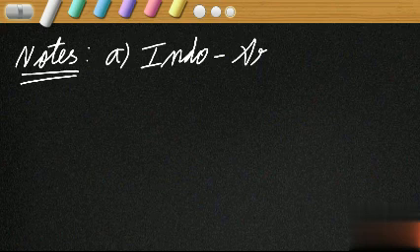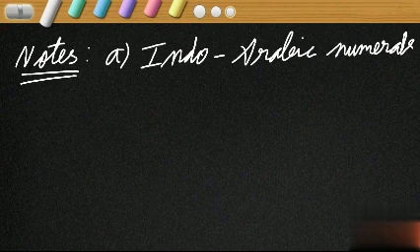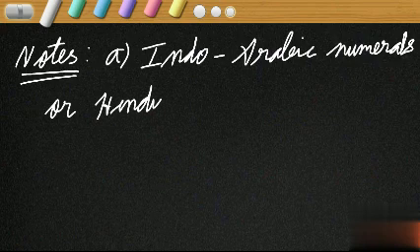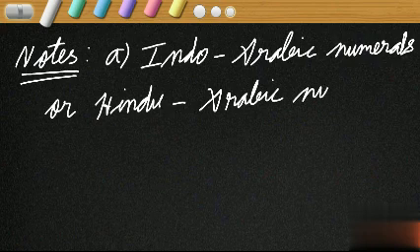The heading is Indo-Arabic numerals or Hindu-Arabic numerals.